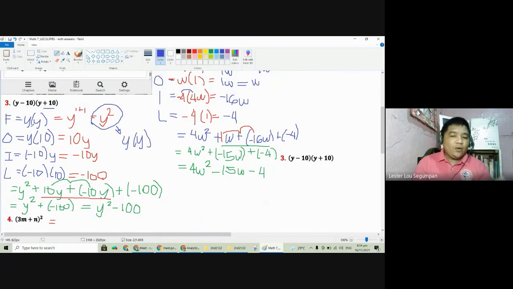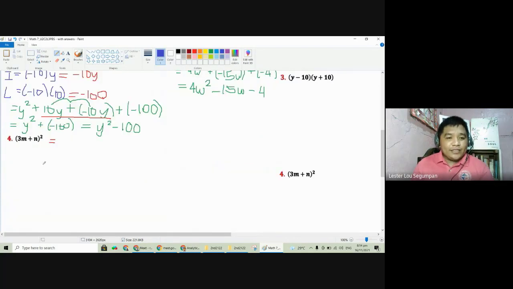So instead of writing y times y, we can simply write it as y squared, telling us that there are two y's multiplied by each other. With that sense, if we see this kind of expression, it's not what had happened earlier, but it's actually equivalent to 3m plus n times another binomial 3m plus n.